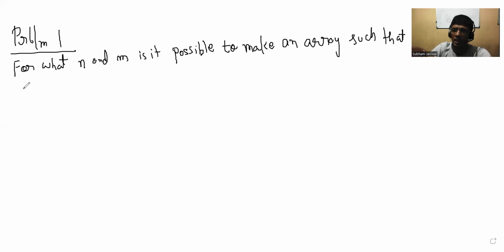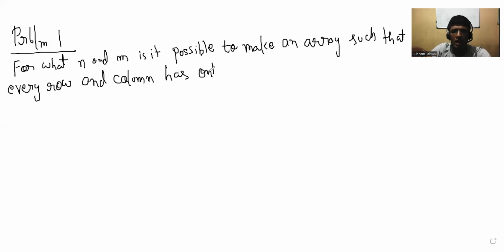Every row and column has exactly 1, 1. Is that right? Good. So every row and column has exactly 1, 1.